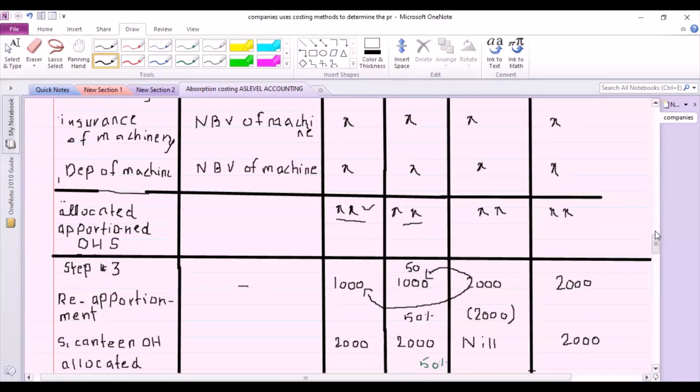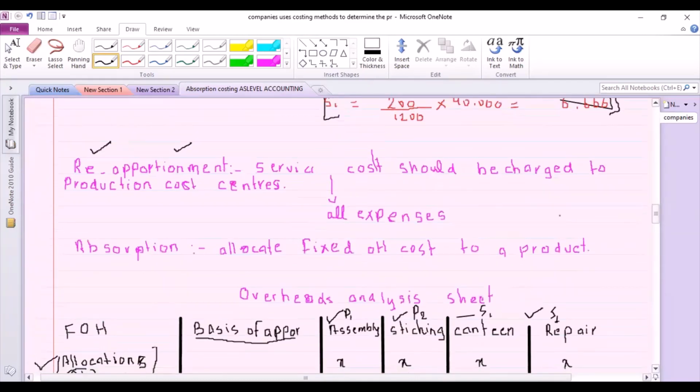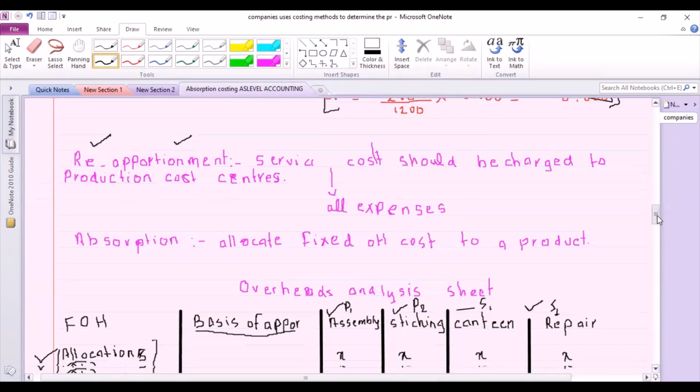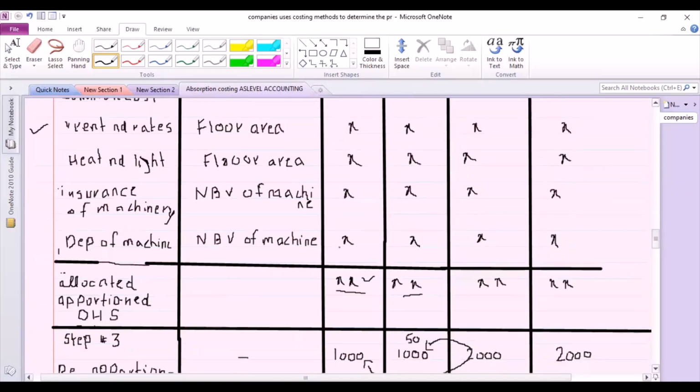First of all, you should know the meaning of reapportionment. Reapportionment means that all the service costs which we just calculated, which are these allocated apportioned overheads.